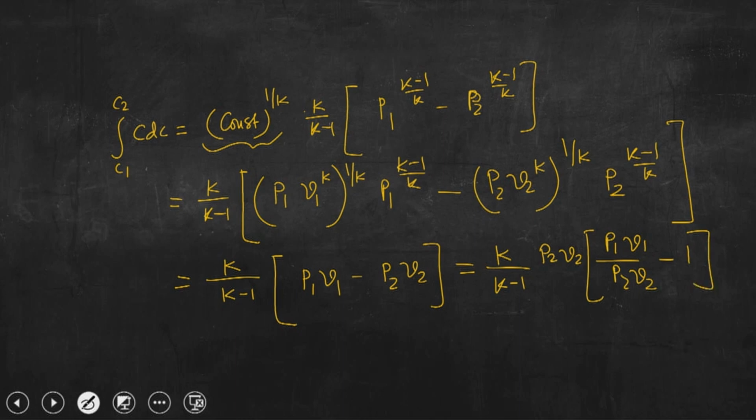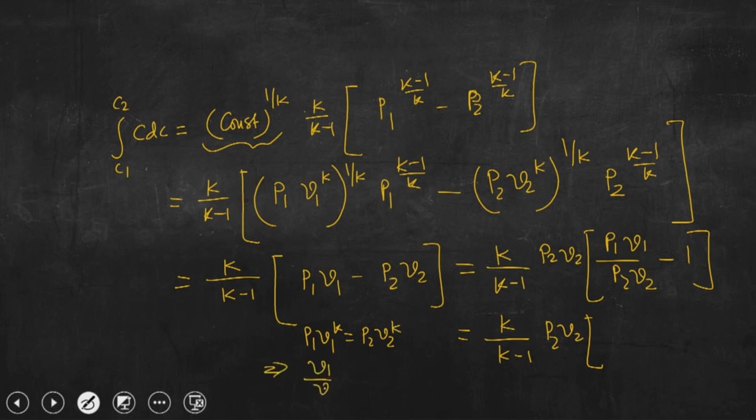We can also write this as k by k minus 1 P2 V2 into P1 by P2 into V1 by V2. Since P1 V1 to the power k equal to P2 V2 to the power k, therefore V1 by V2 should be equal to P2 by P1 to the power 1 upon k, right.